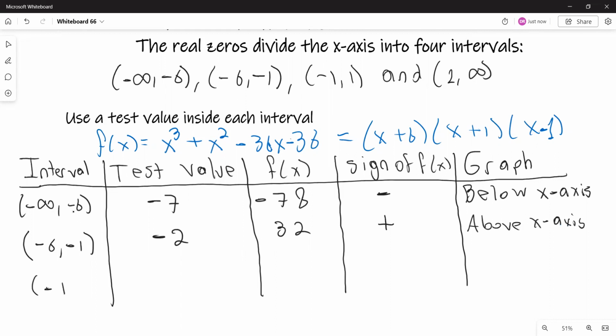In the interval negative 1 to 1, the test value is 0, and we already knew that the y-intercept was negative 36. So the graph is below the x-axis.